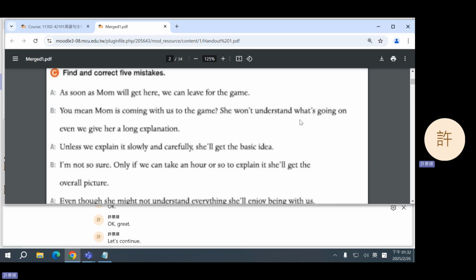Let's continue. She won't understand what's going on even we give her a long explanation. Something here is wrong. 张庭伟, is this part right?